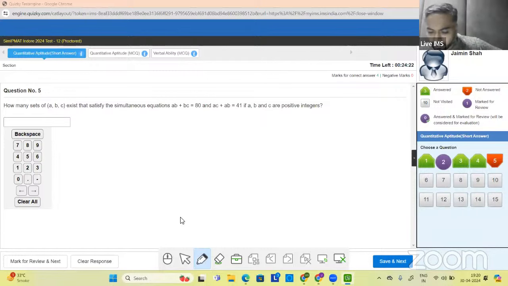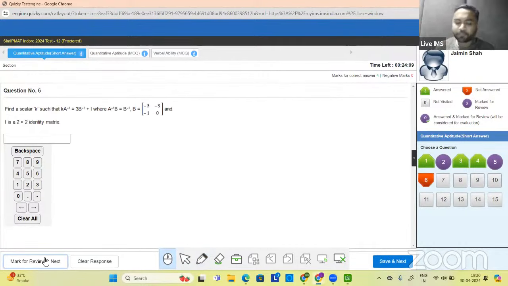How many sets of ABC exist such that the simultaneous equation AB plus BC is equal to 80 and okay, I know this but थोड़ा lengthy हो जाएगा. So इसको let me solve and come back. Find a scalar k such that k into A inverse is equal to k A inverse into 3B inverse plus I, where A inverse B is equal to B inverse. ठीक है, and it is given that B is equal to this.